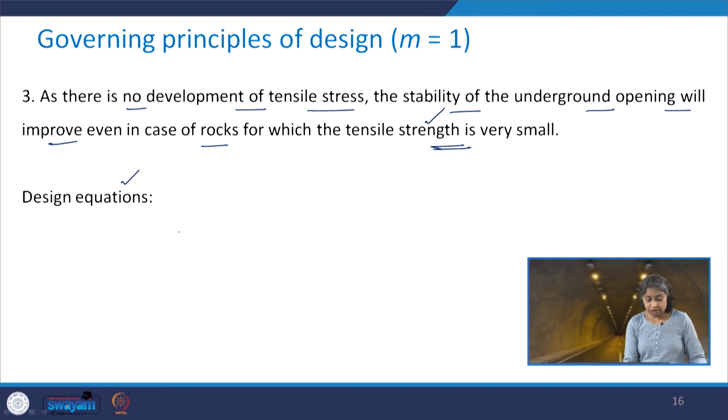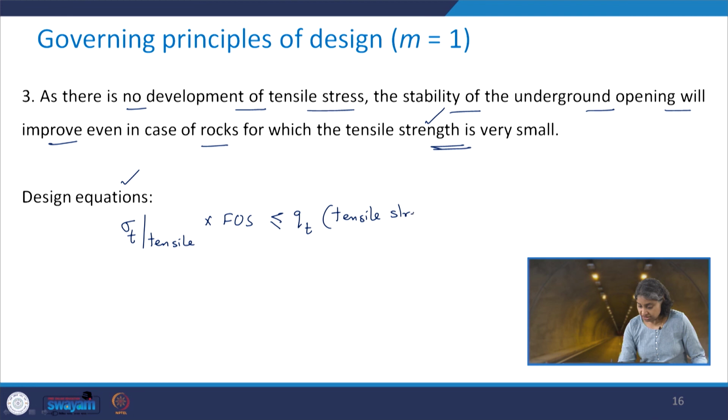So, the design equations are going to be: sigma T tensile multiplied by the factor of safety will be less than or equal to Q sub T, which is the tensile strength of the rock.